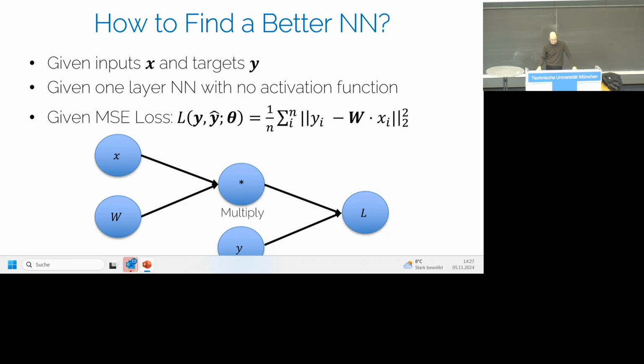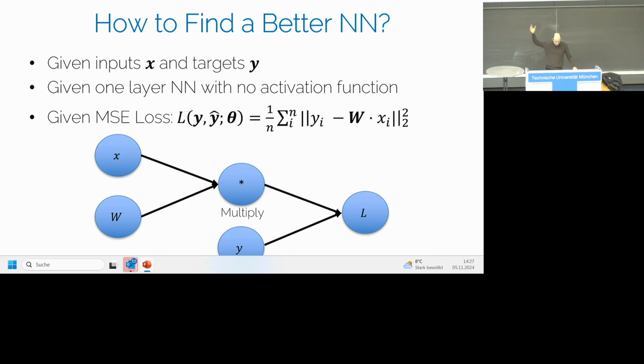Then we saw this last time, we can introduce these compute graphs that allow us to encode the loss function in a graphical way. For a given input, we can do a forward pass in order to compute the loss. And then we can do a backward pass in order to optimize the parameters.